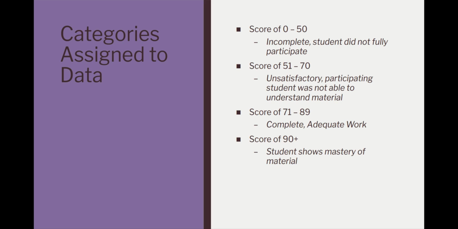Generally, a 71 to an 89 showed complete and adequate work. This is a student who turned in their work a day late last year, or who missed a couple of questions on MyMathLab and chose not to attempt them over and over again until they got them correct this year.